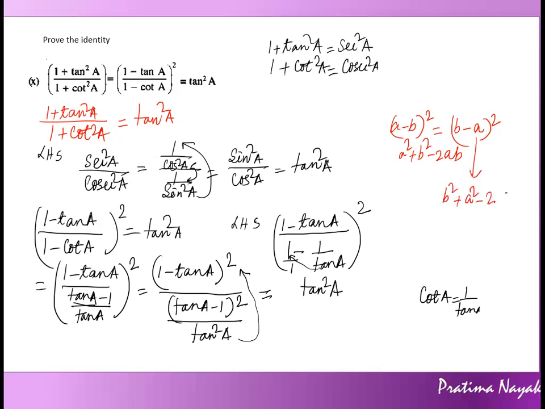So they are always equal. So (tan A minus 1) whole square is the same as (1 minus tan A) whole square. So I'll cancel these two, and tan square will be multiplied in the numerator. So what will be the answer? The answer will be tan square A. Hence proved.